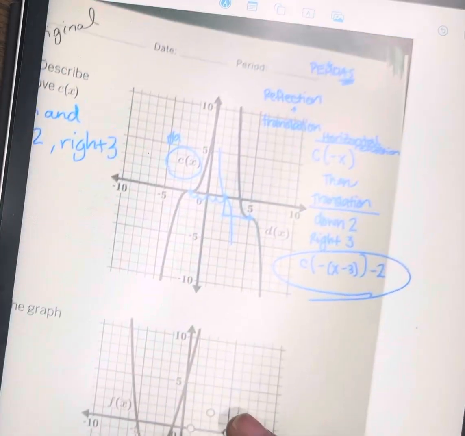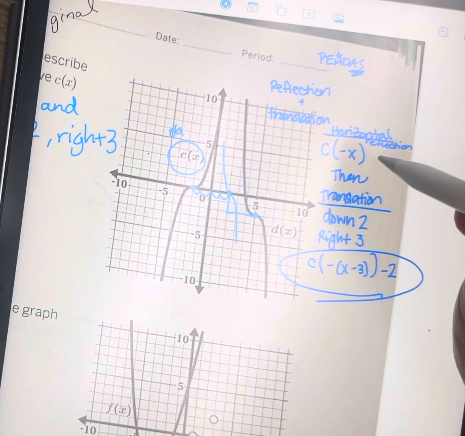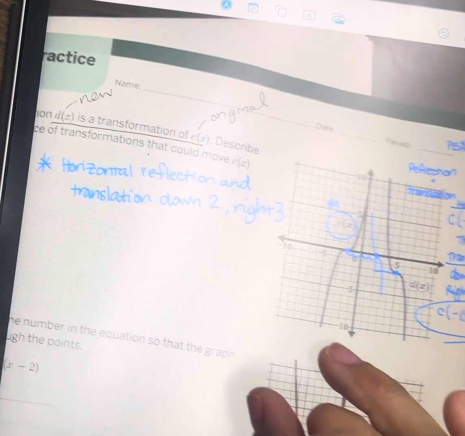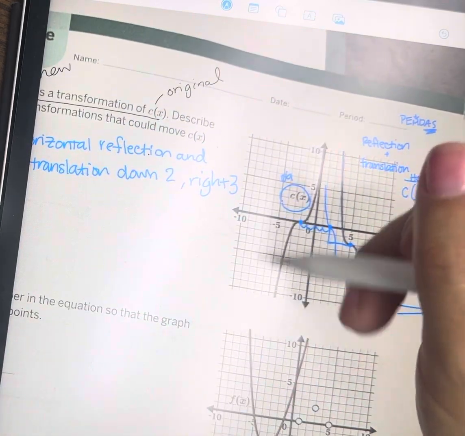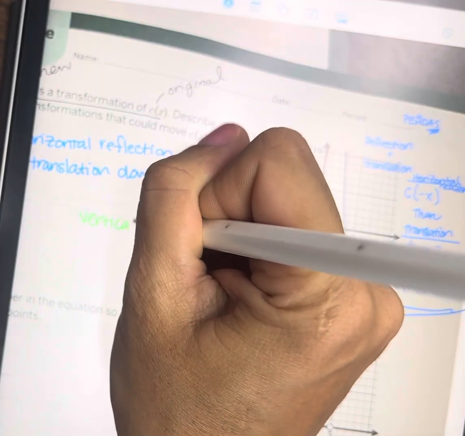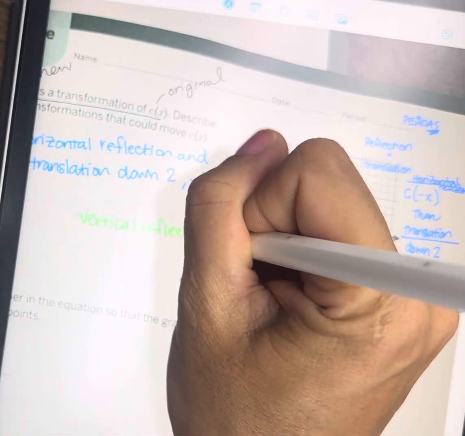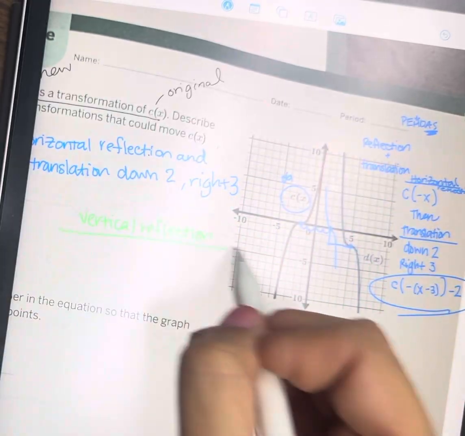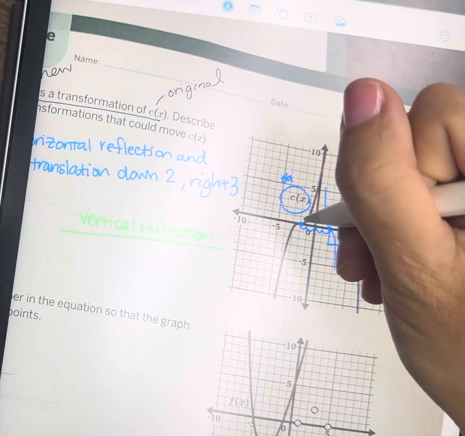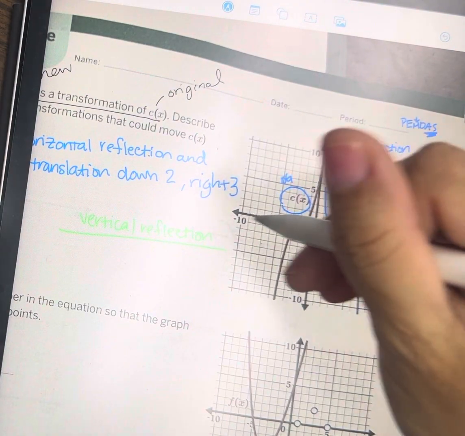Okay, not to beat a dead horse, but let's say you didn't see a horizontal reflection. What if you saw a vertical reflection? It's not wrong. Can you see that green? Yeah. You could totally have seen a vertical reflection. However, if that's what you saw, then this would flip vertically across the x-axis right here.